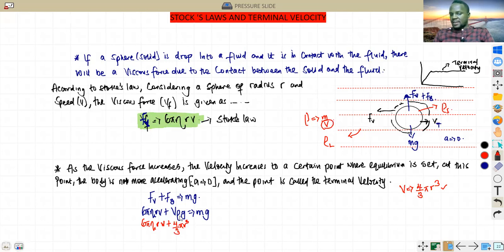Then density here is mass per unit volume. I can multiply that by the density, remember, we are talking about the volume submerged. This is not volume, please, we need to understand that. We are taking this one to be the terminal velocity.